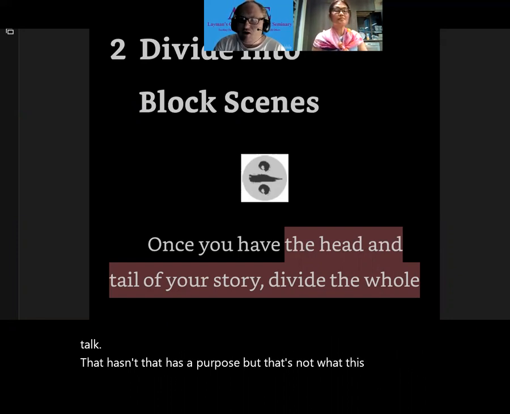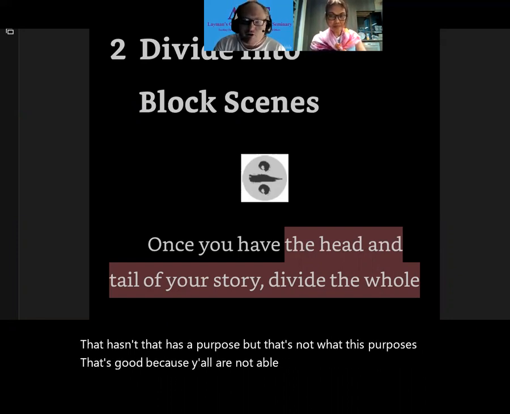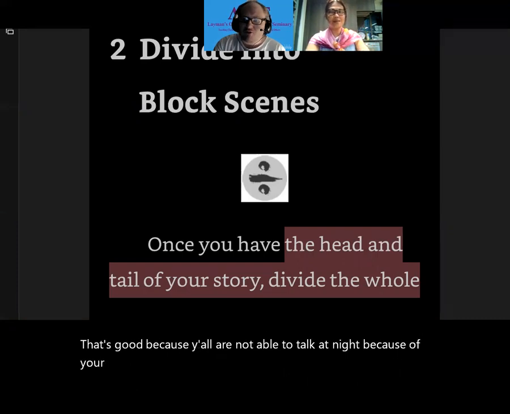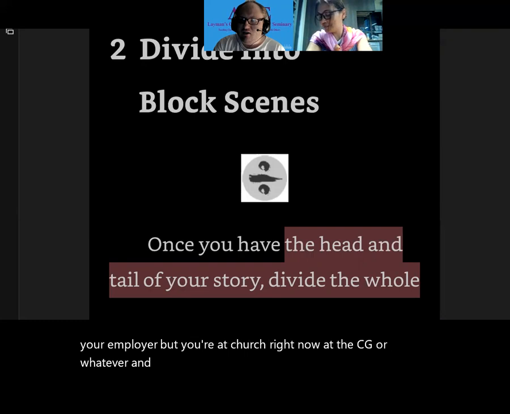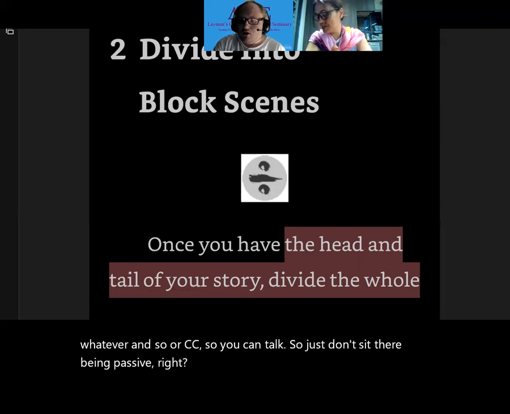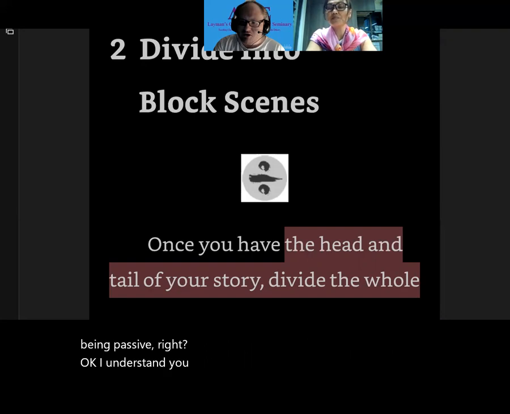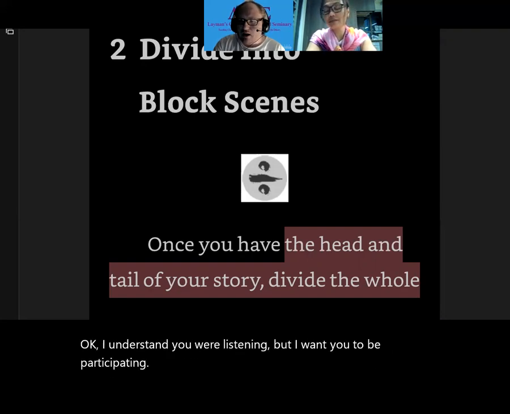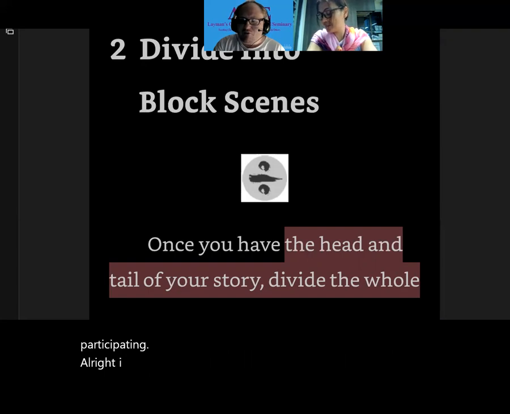That's good, because y'all are not able to talk at night because of your employer, but you're at church right now at the CG, or CC, so you can talk. Just don't sit there being passive. All right. But I was listening. I understand you were listening, but I want you to be participating. Yeah, sure. I don't want you to be passive. My voice is boring, but yours is not.